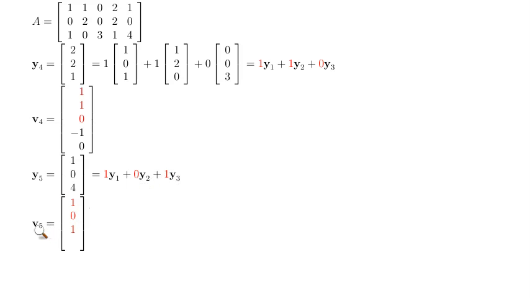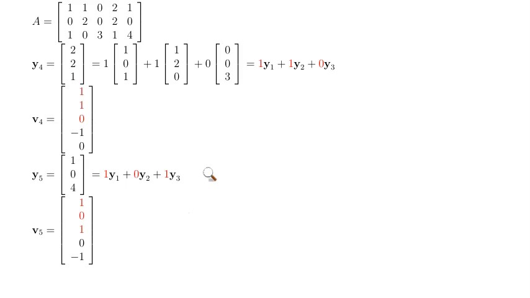All right, since it's V5, the fifth component is going to be negative 1, so we put negative 1 on the fifth component. Everything else is going to be 0, so the fourth component is going to be 0. All right, so we have V4 and V5 constructed.